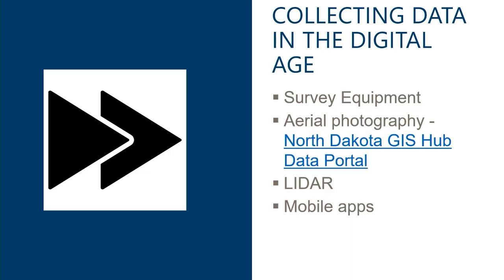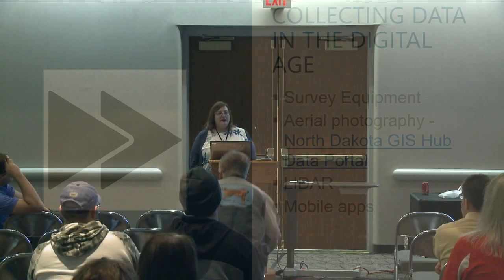Last but not least, we have LiDAR, and I would be remiss to not mention AI. AI seems to be a big thing lately. I have mixed feelings about it, but I can see where it'd be handy.